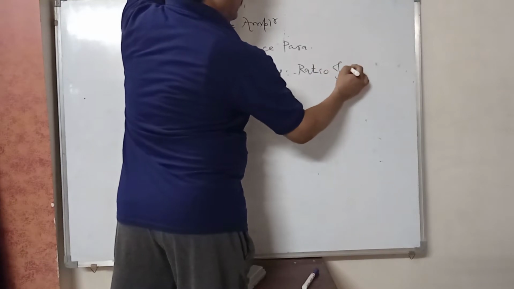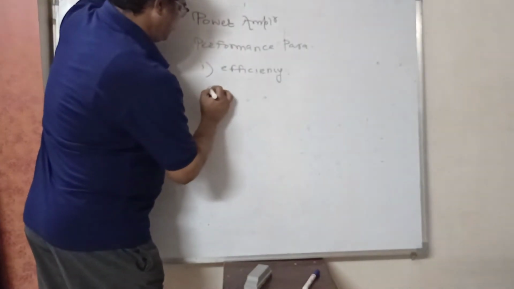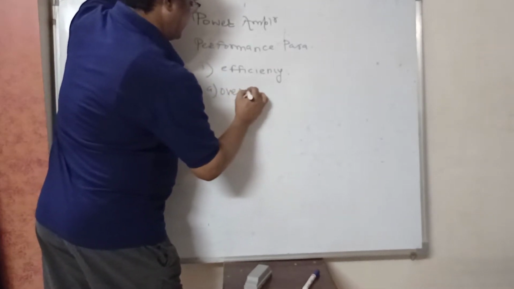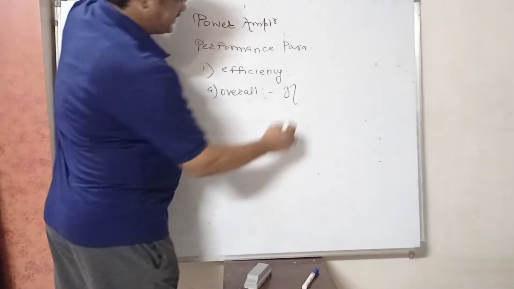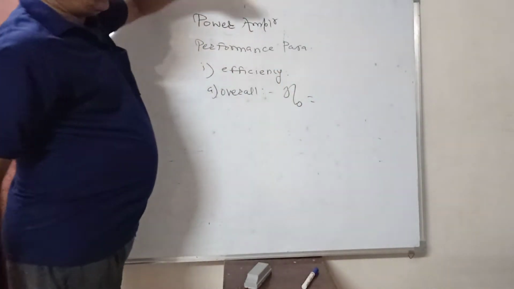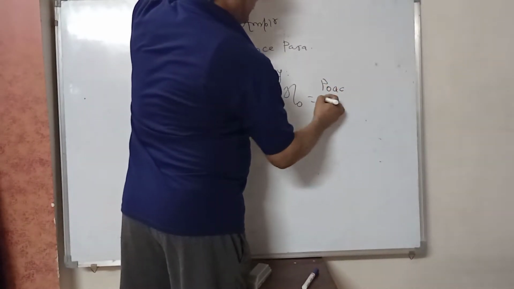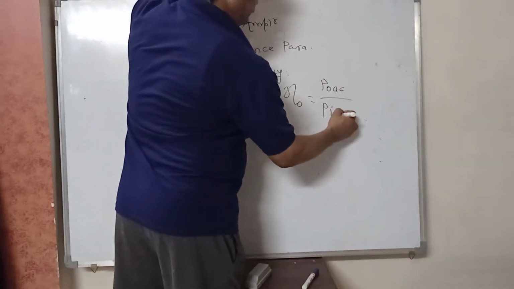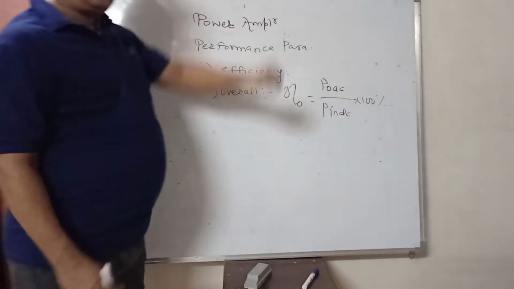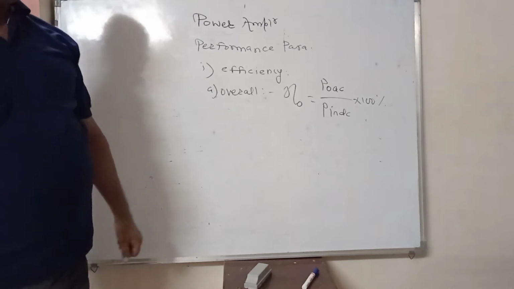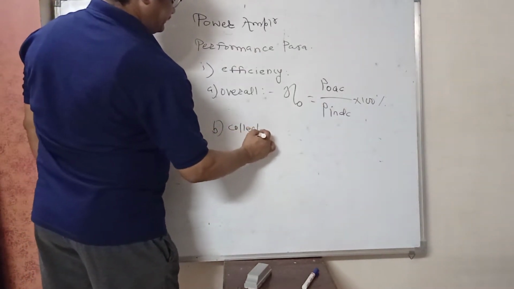First efficiency is overall efficiency. This is the notation used for efficiency. O means overall. Overall efficiency: output power is AC upon input power is DC. So this is overall efficiency. Second, collector efficiency.